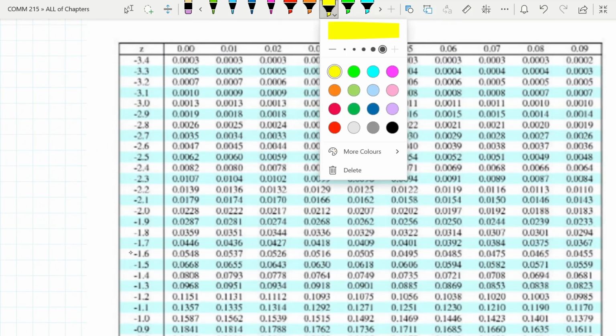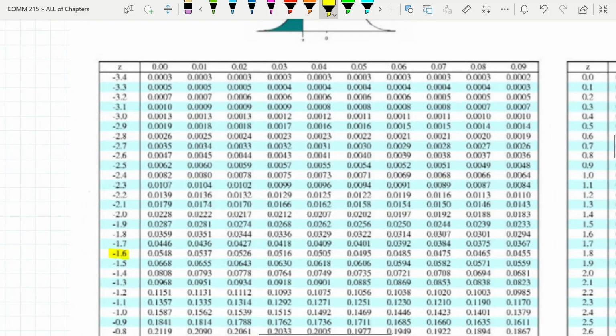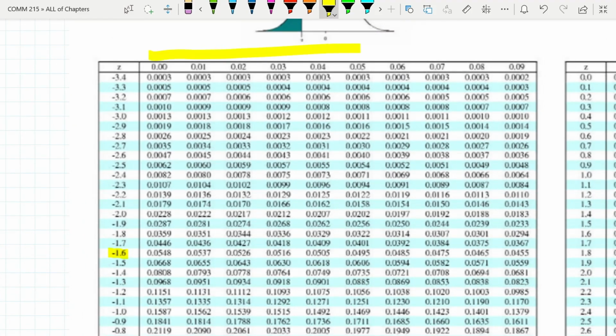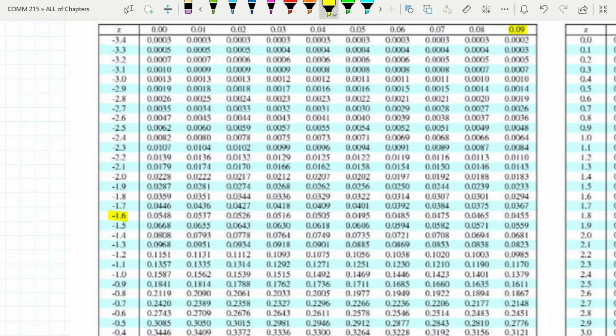Sorry if it's a little blurry, but this is the best picture for a z-score table. So 1.6, and then on the top over here is your third number of your z-score. In this case it would be 9, so 1.69. Then all you want to do is find where they meet.